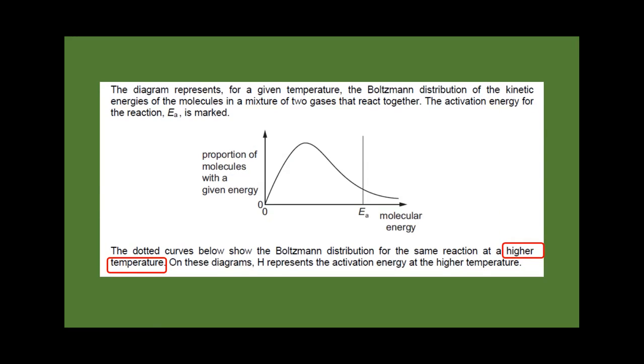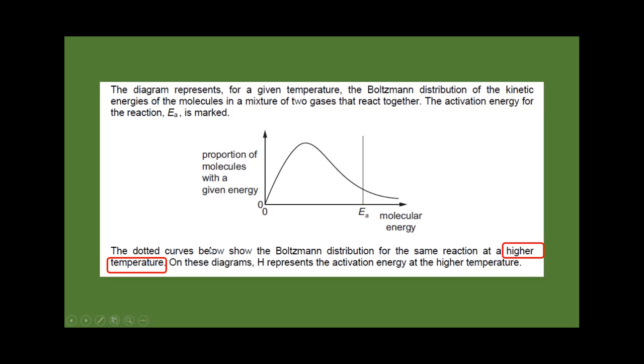Now let's take a look at the question again. The diagram represents, for a given temperature, the Boltzmann distribution of the kinetic energies of the molecules in a mixture of two gases that react together. The activation energy for the reaction, EA, is marked here below. You can see it.